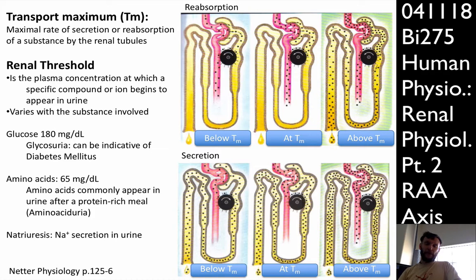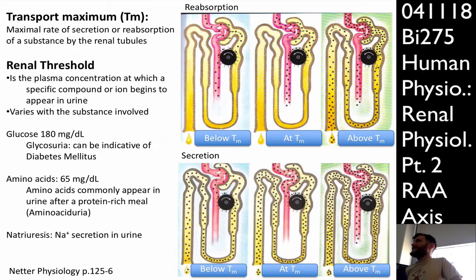So here are some definitions. Let's take a little bit of a break from the pathways for a moment, and let me just give you some definitions, some concepts. There's this idea of renal threshold and transport maximum. Transport maximum is a rate, an amount of solute per time, for example.